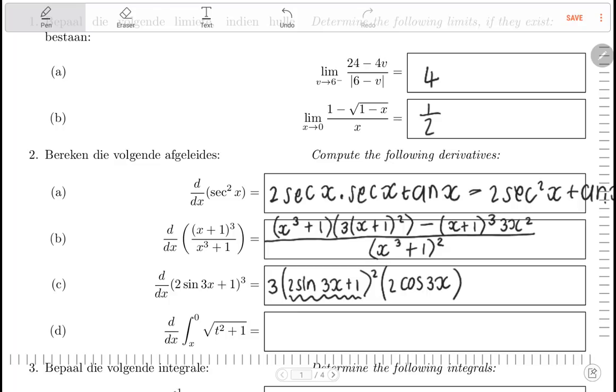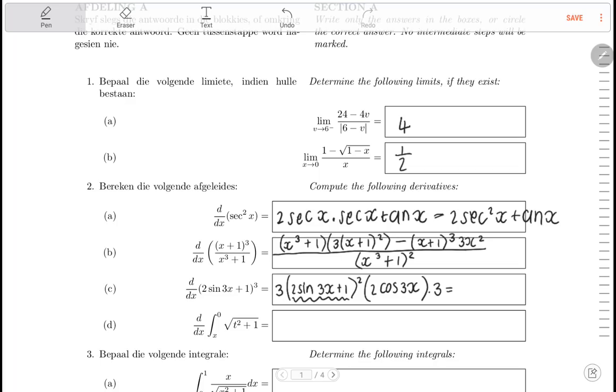Now we still have to look at the derivative of 3x, and that is 3. And we can write this a little bit more simply. So we have a 3 there, a 2 there, and a 3 there. And if we multiply those, it's going to be 18 cos 3x, and then we still have our 2 sin 3x plus 1 squared.